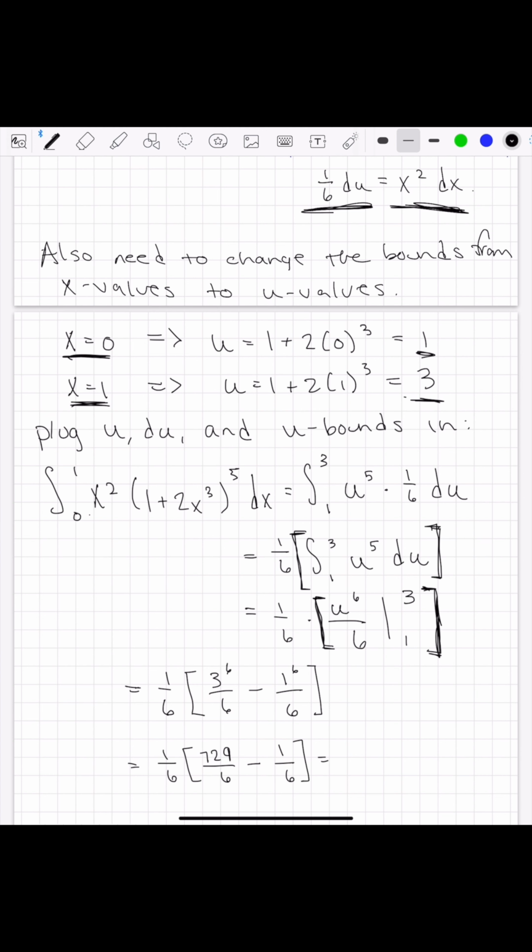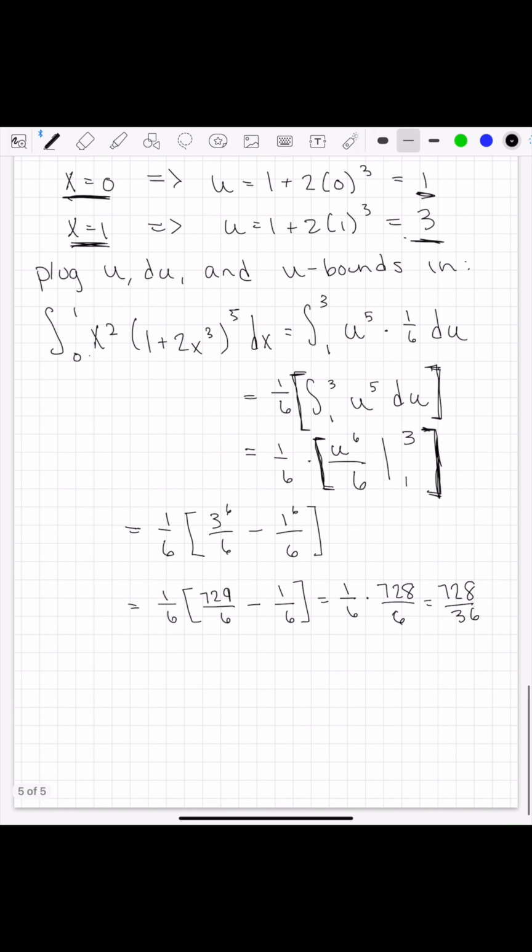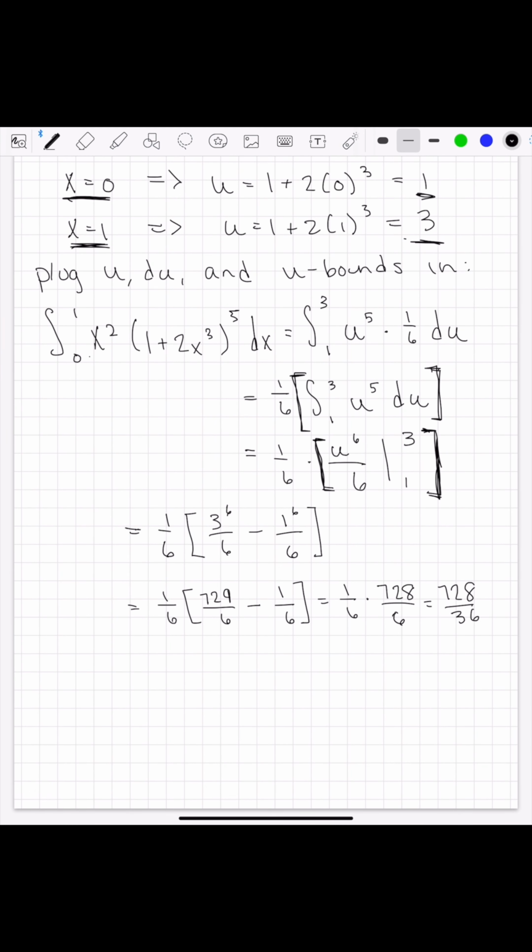So this becomes 1/6 times, these have the same denominator, so we can subtract them, so that becomes 728 over 6, so that's 728 over 36, which we can simplify. They're both even, so I'm going to divide by 2. That's going to become 364 over 18, and those are still both even, so let me divide by 2 again, so that's 182 over 9.